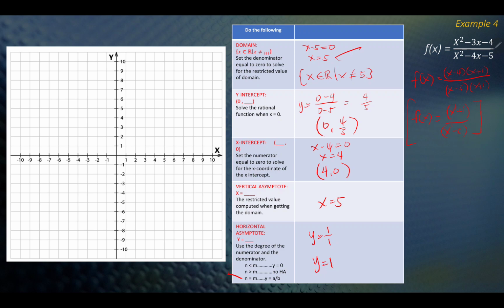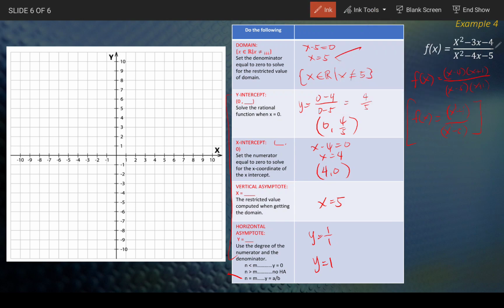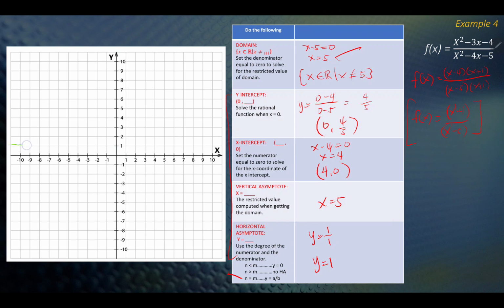Ngayon, i-graph muna natin siya. Yung apat na yan, no? Titingnan muna natin siya sa graph natin. For our asymptotes, we have y equals positive 1. So, yan, gagawa tayo ng horizontal line dyan. And then, for our vertical asymptote, x equals 5.